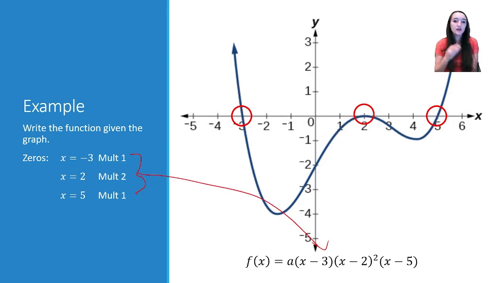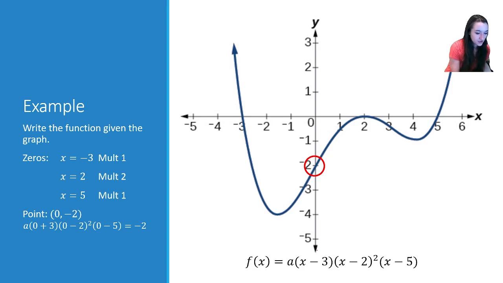So our last step is figuring out what a is. Well, that's just going to be based on some point. Again, as I showed in a previous slide, I tend to like using the y-intercept, just because there's a 0 in the y-intercept, so it's nice to plug in. So I'm going to take this y-intercept, the point (0, -2), and plug that in. That's going to give me (0 plus 3) times (0 minus 2) squared times (0 minus 5), all times a, equals -2.